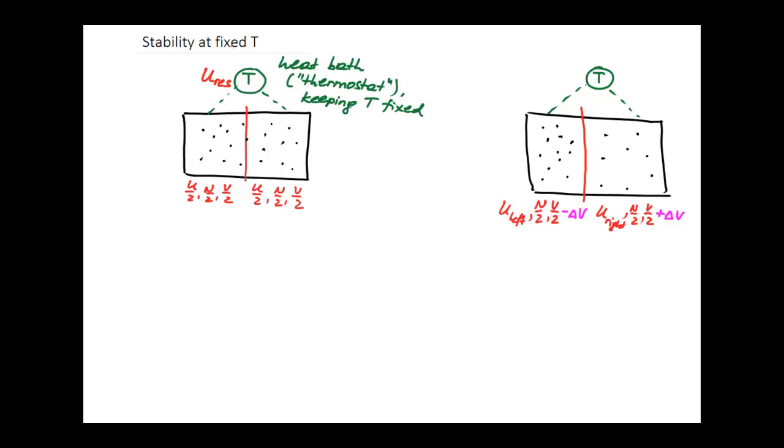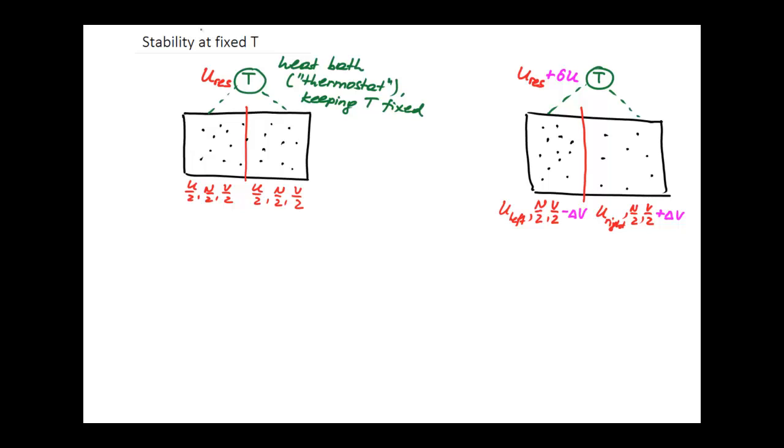So we allow for the possibility that the heat bath now has an energy U of the reservoir, as on the left-hand side, plus some delta U.